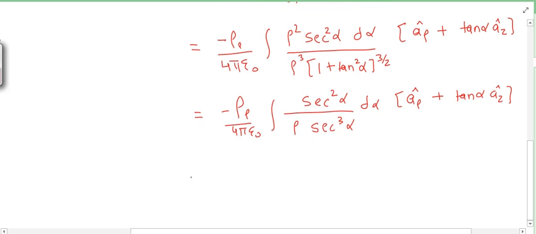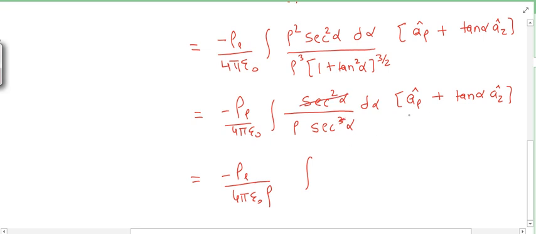So now minus rho L by 4 pi epsilon naught, here sec square alpha and this value, sec alpha, will remain in the denominator, and I can take this out from the integration because it is constant with respect to alpha. So the remaining thing is d alpha and this sec alpha only, because this will cancel and this power will cancel.